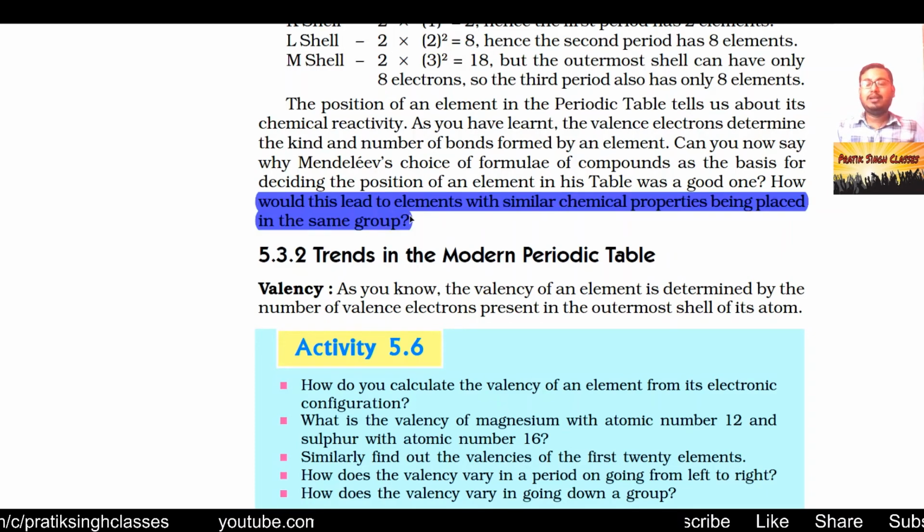You will be amazed to know that when Mendeleev formulated this table, it was found that in his table one could see the reactivity series, and he tried to make his table based on the oxides and hydrides.